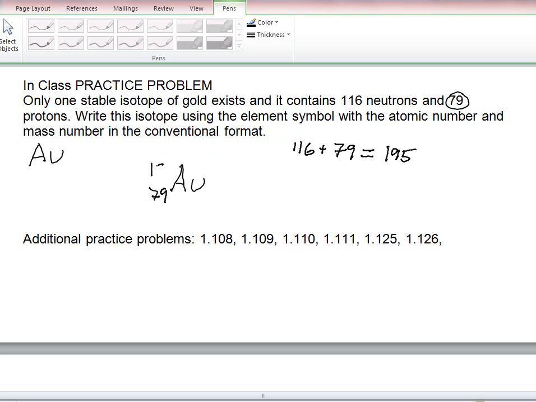So let me write 195 up here. And that's the element symbol for this isotope of gold, gold 195. The atomic number 79 tells us there are 79 protons, 79 electrons. The atomic mass, 195, tells us there are a total of 195 protons and neutrons in this gold sample.